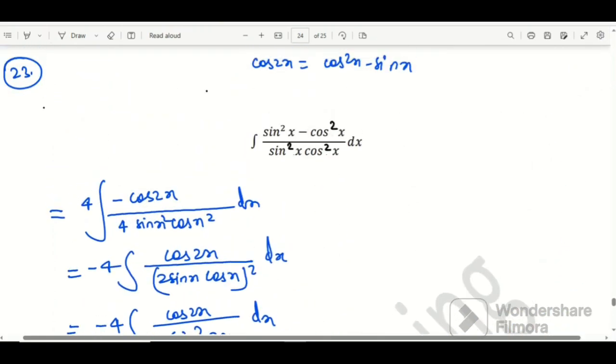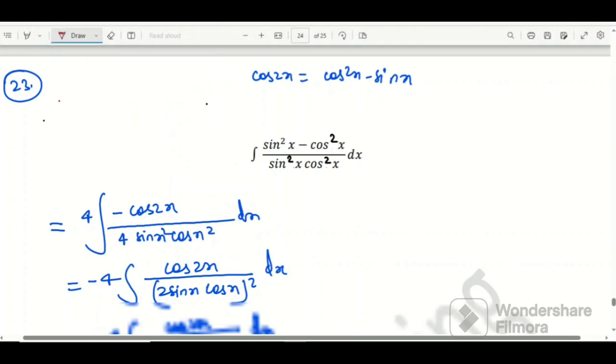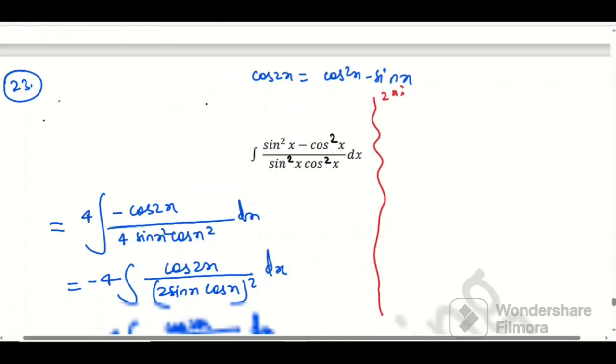Otherwise, we could have applied one more method to this question, a second method.